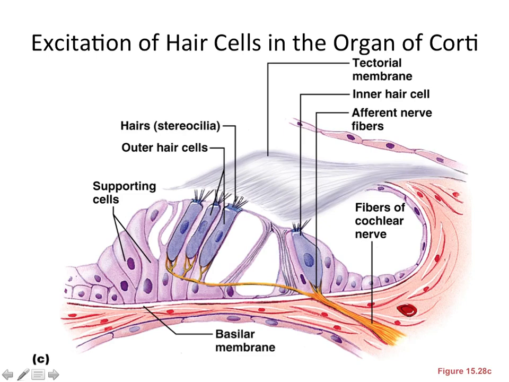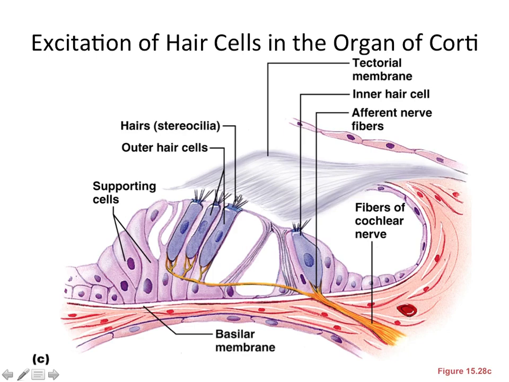Once the hair is vibrated, the hair has specific calcium and potassium channels. These channels will be stimulated to open to let more calcium and potassium ions travel into the hair cells. So the hair cell is depolarized.